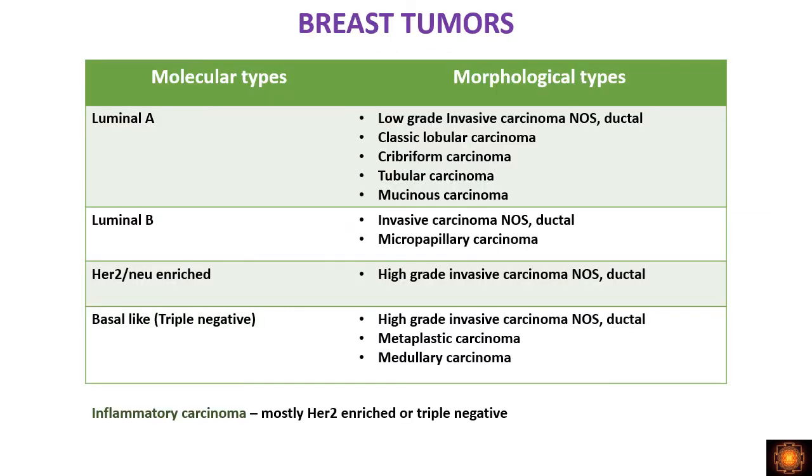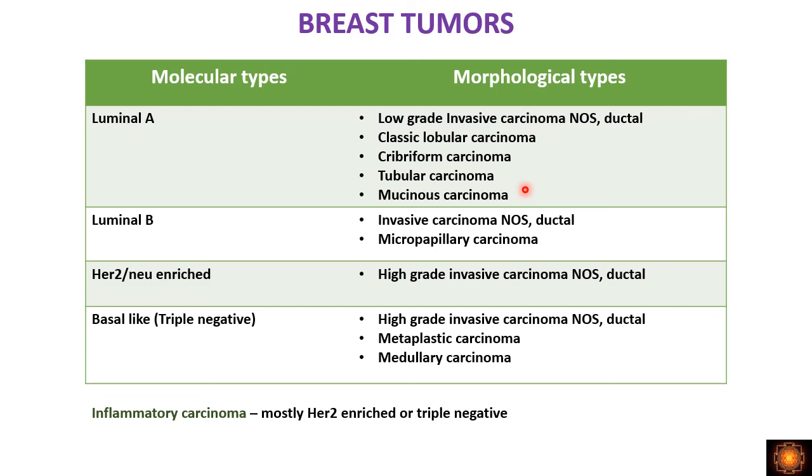Now, what are the morphological types, and in what molecular subtypes do they come? Luminal A type: in the luminal A type, we have invasive ductal carcinoma NOS, which is low grade. In addition, we have classical lobular carcinoma, cribriform carcinoma, tubular, and mucinous. Remember that invasive ductal carcinoma NOS can be of luminal A, luminal B, HER2 enriched or basal-like.